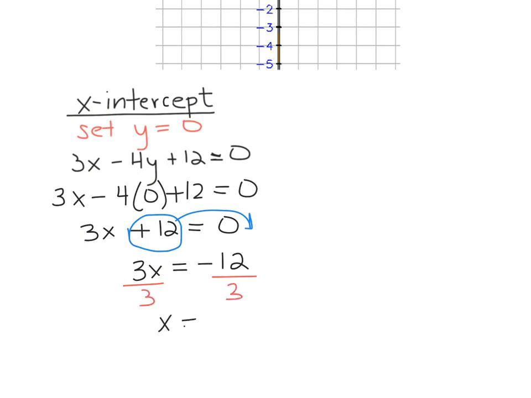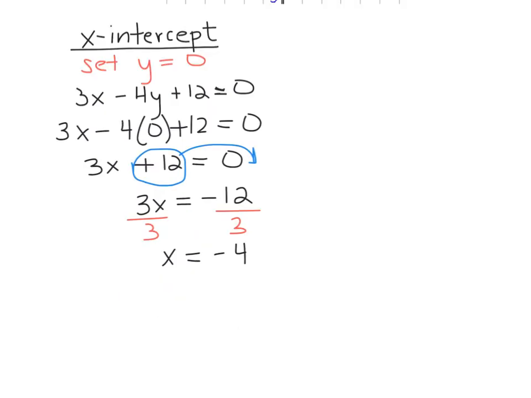So that leaves me with an x value of negative 4. Remember that you want to state your final answer for your x-intercept as a coordinate point. So if I were to turn this into a coordinate point, my x value is negative 4, my y value is 0. So (-4, 0) is the point that I will plot onto my Cartesian plane.